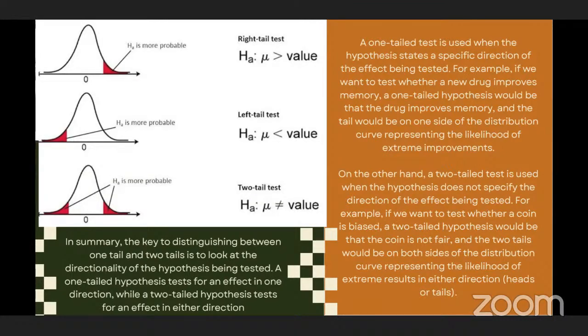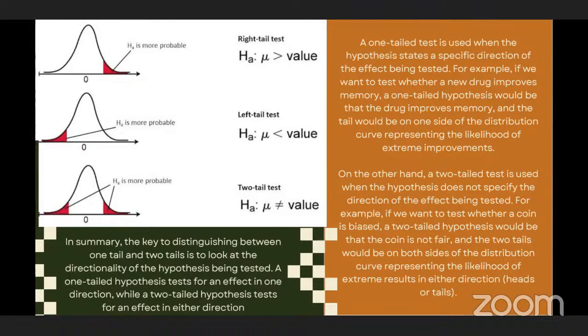First, a one tail test is used when the hypothesis states a specific direction of the effect being tested. For example, if we want to test whether a new drug improves memory, a one tail hypothesis will be that the drug improves memory, and the tail will be on one side of the distribution curve, representing the likelihood of extreme improvement, and the one tail is shown in the first and the second graph in the picture.